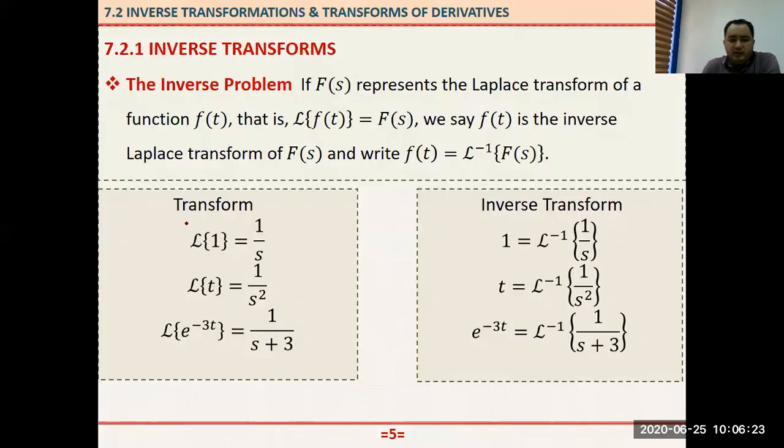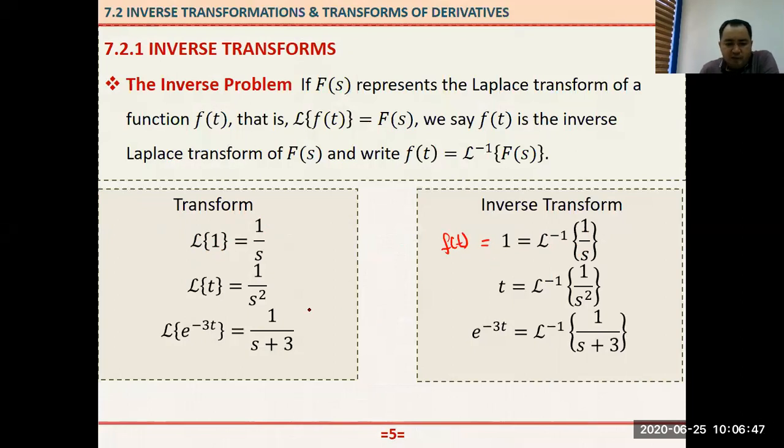As you see here, we know that the Laplace transform of 1 is equal to 1 over s. How about if we apply the inverse of the Laplace transform to both sides? We get the inverse Laplace of 1 over s, which is equal to 1, and this is our function f of t.